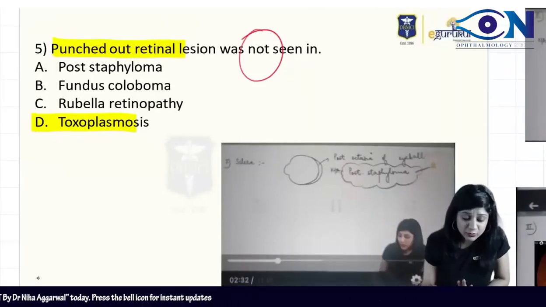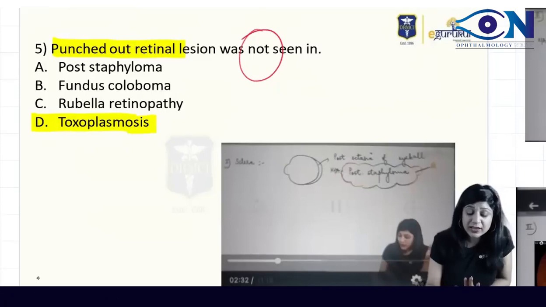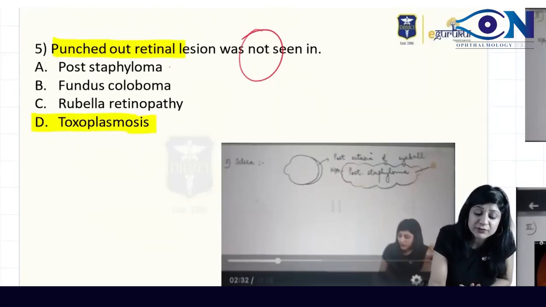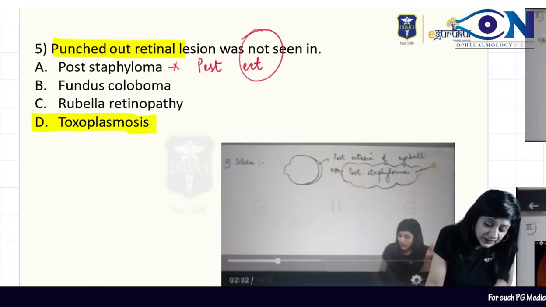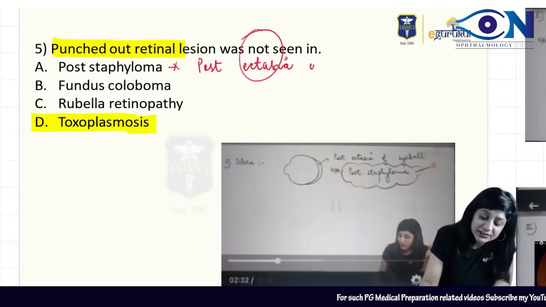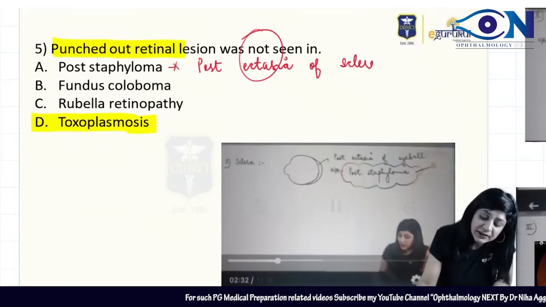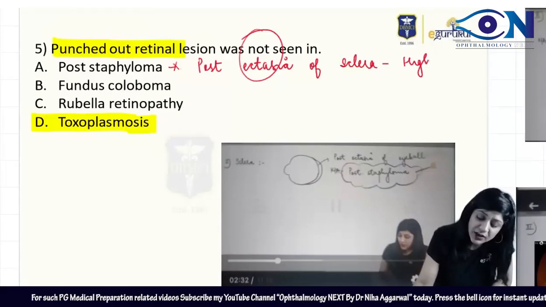So I do not know how, if they have given not seen in, because posterior staphyloma definitely is not showing you the punched out lesion. Posterior staphyloma is the posterior ectasia of the sclera that you get in cases of high myopia.